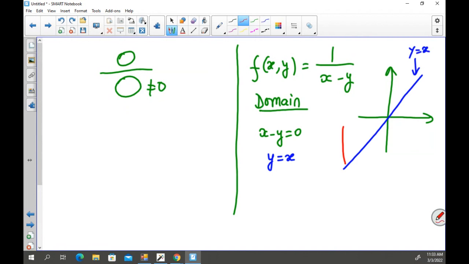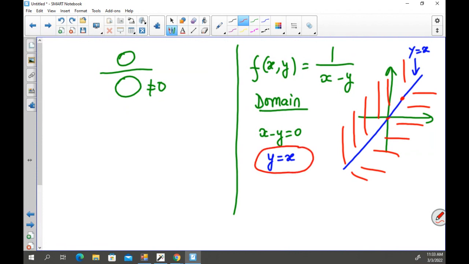So the function is defined here, it's also defined here, but it's not defined on the blue line. Can you give me a point on the blue line? (0, 0), yes. Is this function defined at (0, 0)? No. Another point? (1, 1). Is this function defined at (1, 1)? No. So this function is defined everywhere except on the line y equal to x. So the domain is the whole of R2 except the line y equal to x.